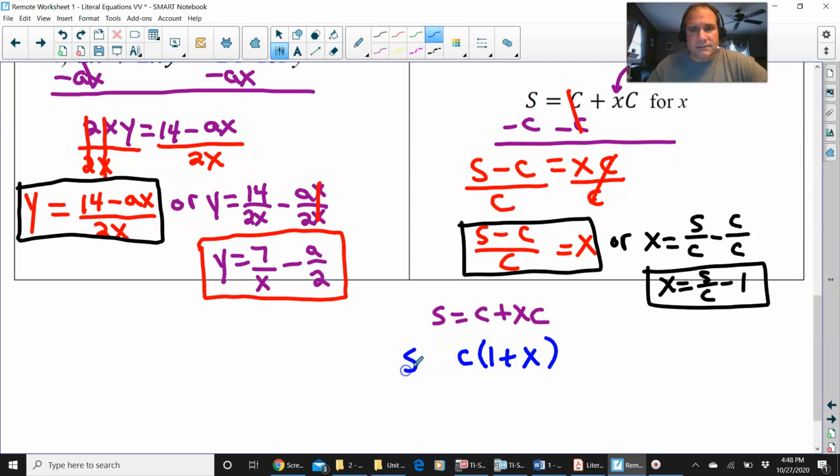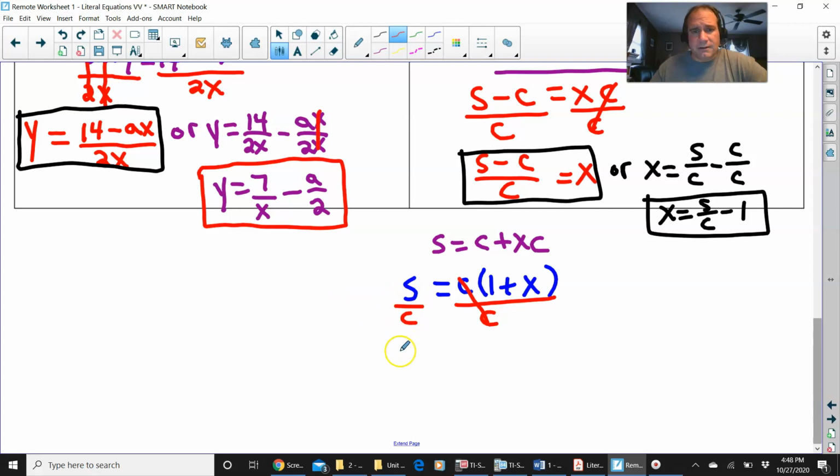So if you have s equals on this side, and then we wanted to solve for x, I would just divide by c on both sides, and then this cancels, right? So then you have s over c equals 1 plus x. And you see how easy it is? If you wanted to solve for x, you just minus 1 on both sides, and the 1's would cancel, and you would have s over c minus 1 equals x.